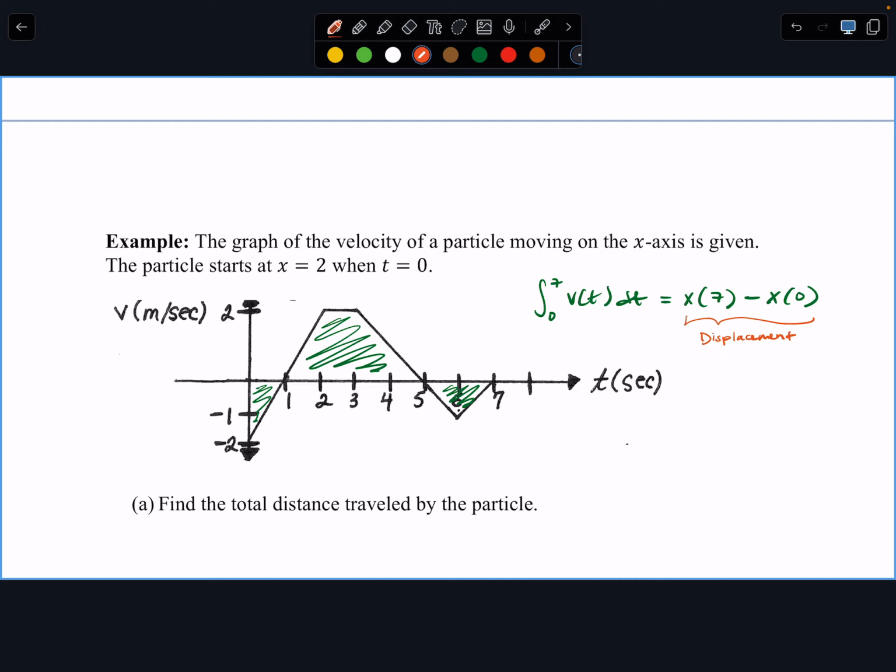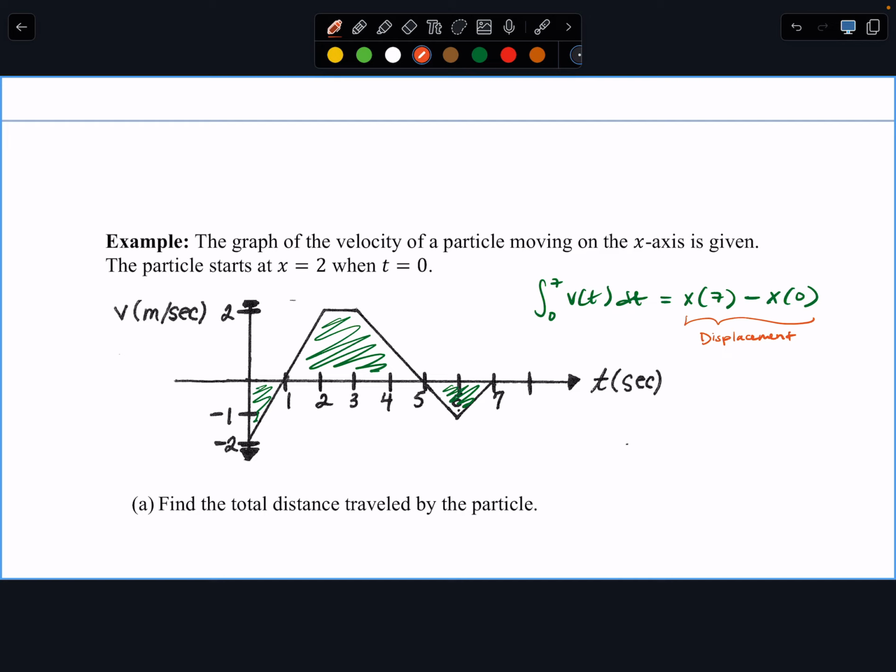So what we're trying to figure out is what was the distance traveled in the negative direction, the distance traveled in the positive direction, and the distance plus the distance traveled in the negative direction.